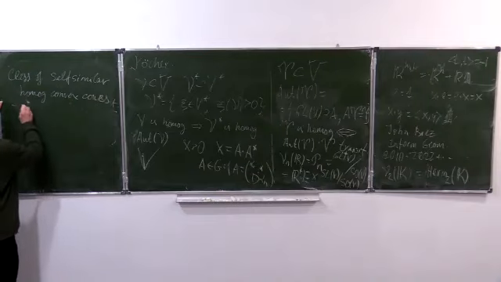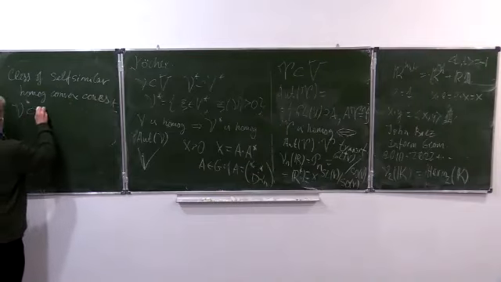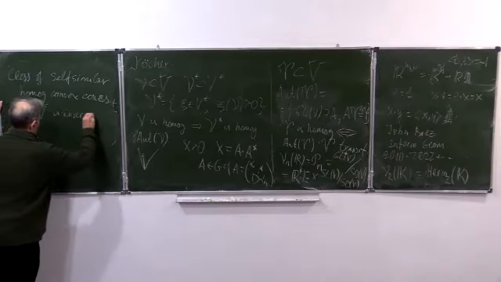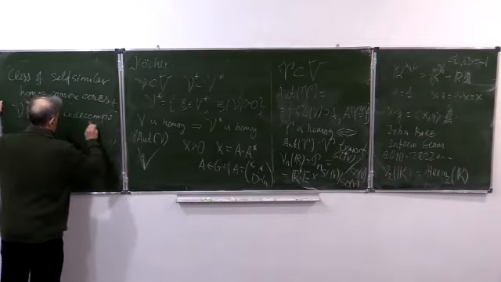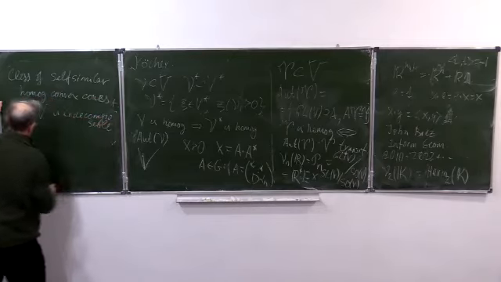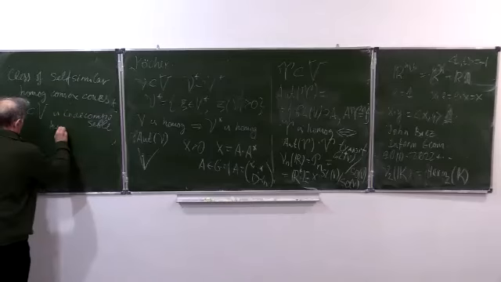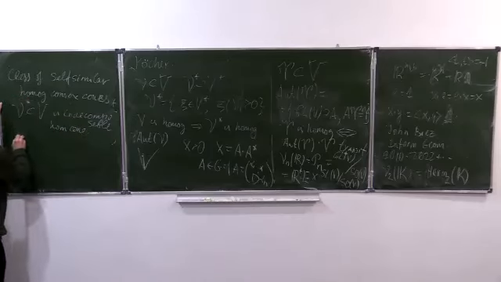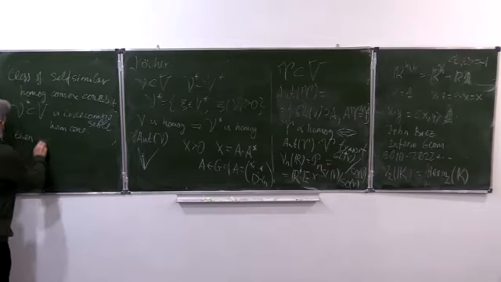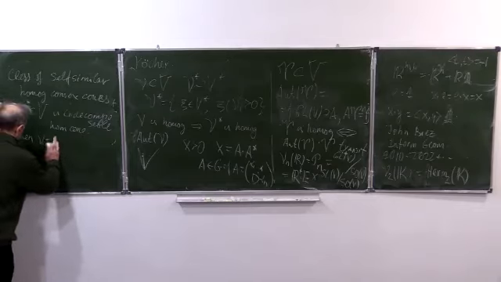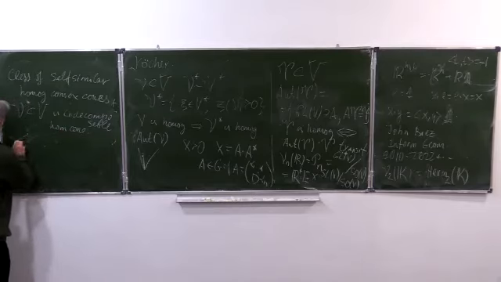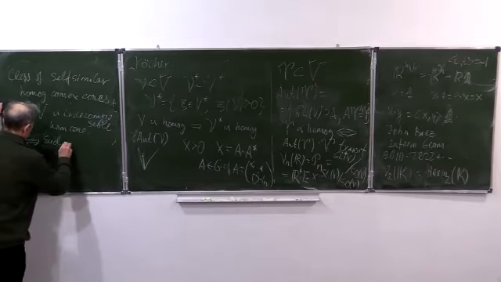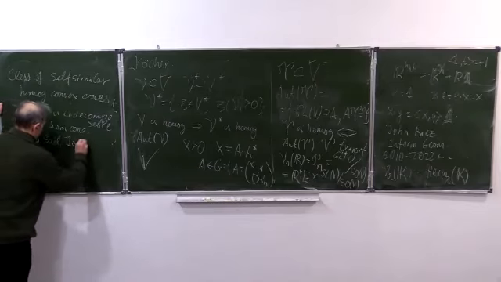If V is an indecomposable homogeneous cone, then we have a one-to-one correspondence with Euclidean Jordan algebras.